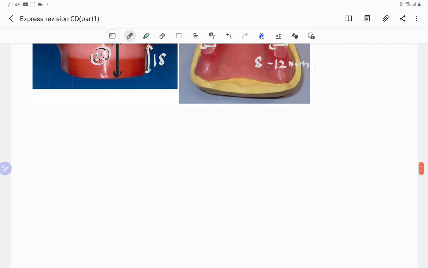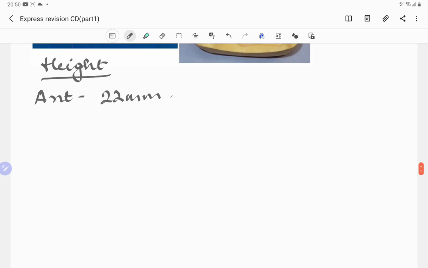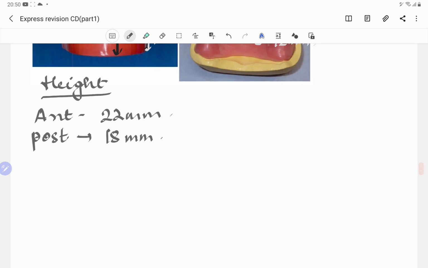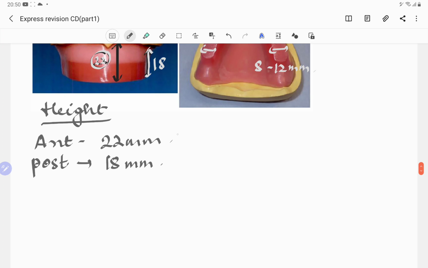So the height anteriorly is 22 millimeters. We have already done this in the PCP labs in the preclinical. We have made a lot of occlusal rims. So 18 millimeters posteriorly. Anteriorly it is measured from the canine eminence.